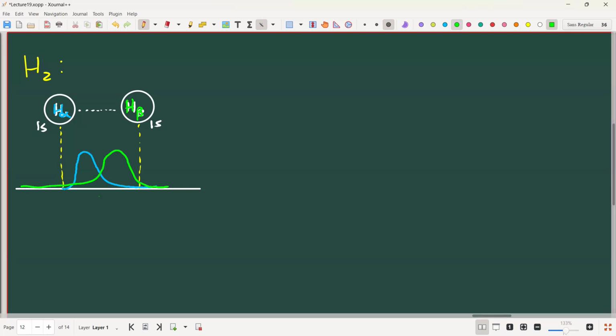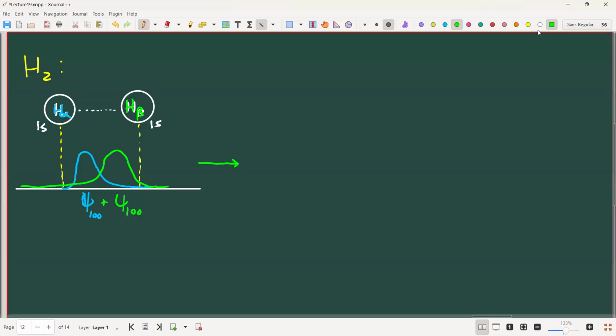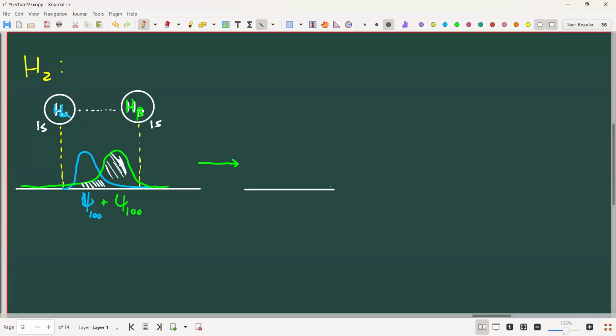So when we add them together, we take psi 100 and add it to psi 100. We're going to overlap those 2 orbitals together, or share together. And what do we get? Well, we just get some smooth addition between here and here, where they kind of overlap.